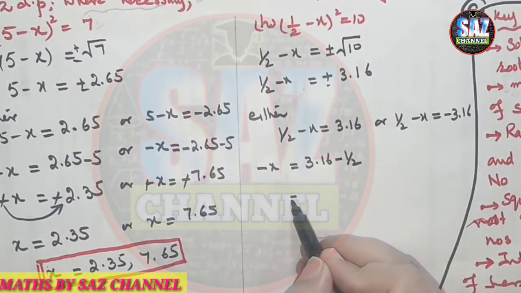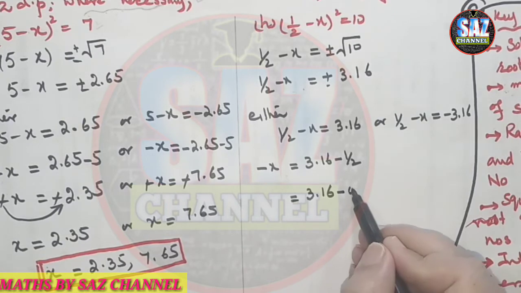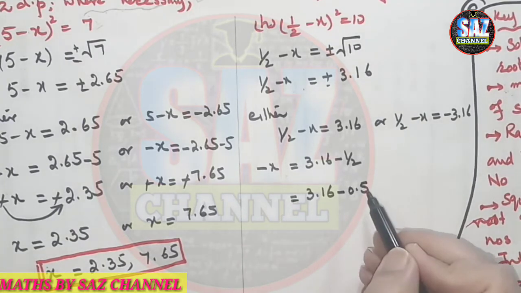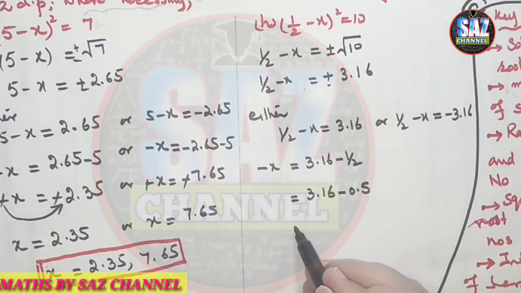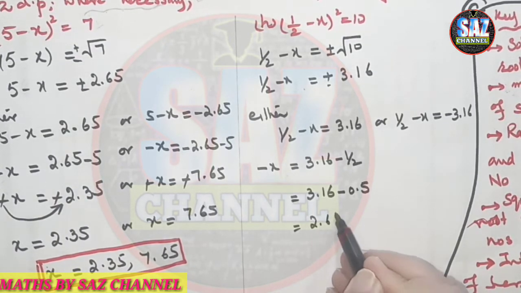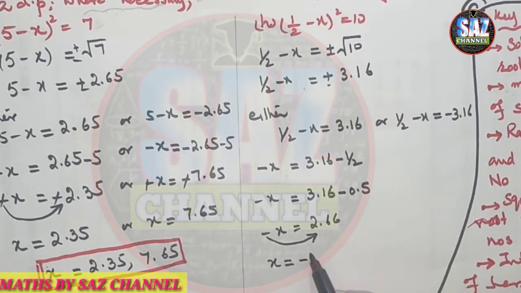For the calculation, I will convert this 1 by 2 into decimal form, and it will become 0.5. Take away 0.5, 3.16 minus 0.5, and this will give me 2.66 for minus x. We always need the value of the variable positive, so we have to shift this minus sign to the other side, and one of the solutions or roots will be x equals minus 2.66.